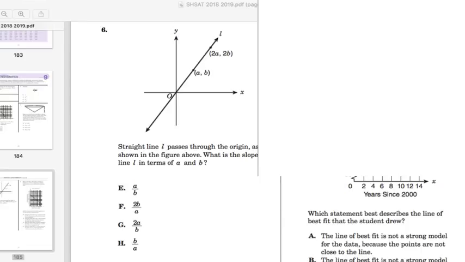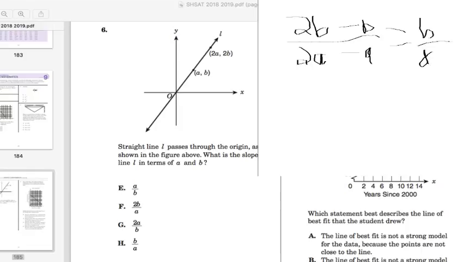So if we do 2b minus b over the difference in the x's, 2a minus a, and this is all theatrics for just saying that it's just b over a.